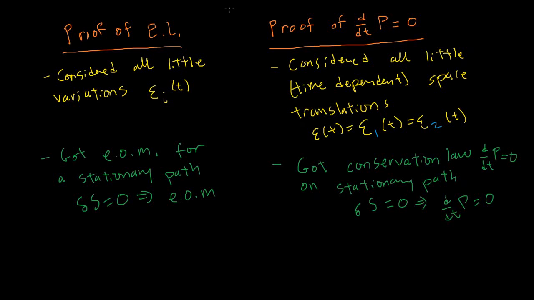So that's sort of like how our proof that momentum is conserved is a lot like the Euler-Lagrange equations. We only consider tiny time-dependent spatial translation variations instead of considering all the little variations. And instead of getting the equations of motion once we said our path was stationary, we instead got a conservation law.